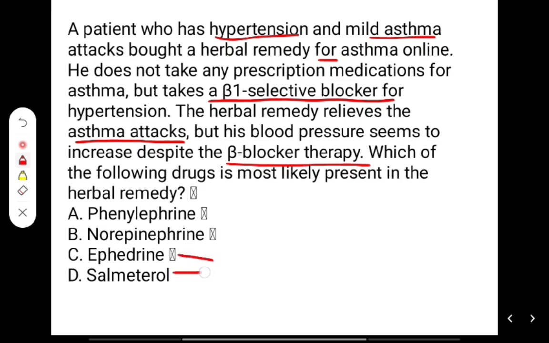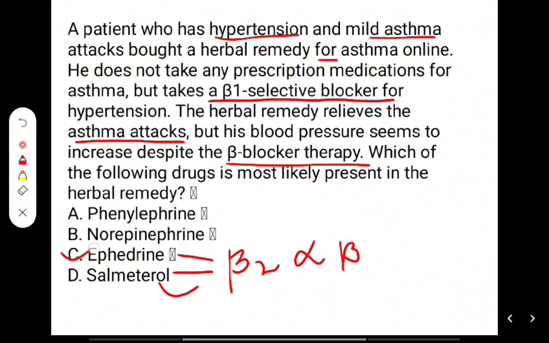Ephedrine and salmeterol can relieve asthma because they activate beta 2 and cause bronchodilation. However, salmeterol is a selective beta 2 agonist and should not increase BP. But ephedrine stimulates the release of norepinephrine and also acts as a direct agonist at alpha and beta receptors.